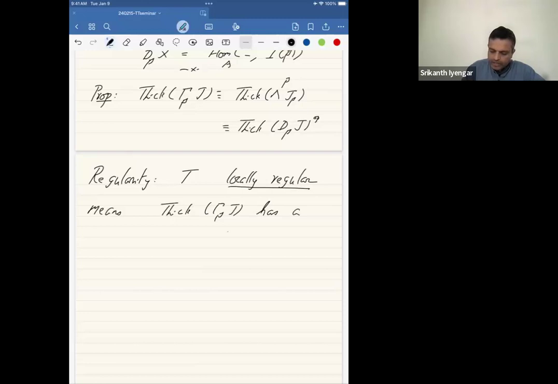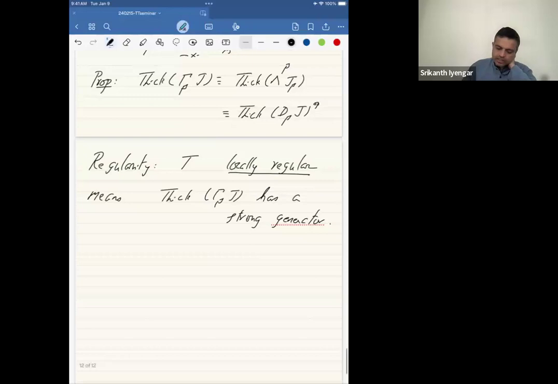It has a generator, namely, of course, it's generated by gamma_P of the global generator, but we want this to be strong. Okay.